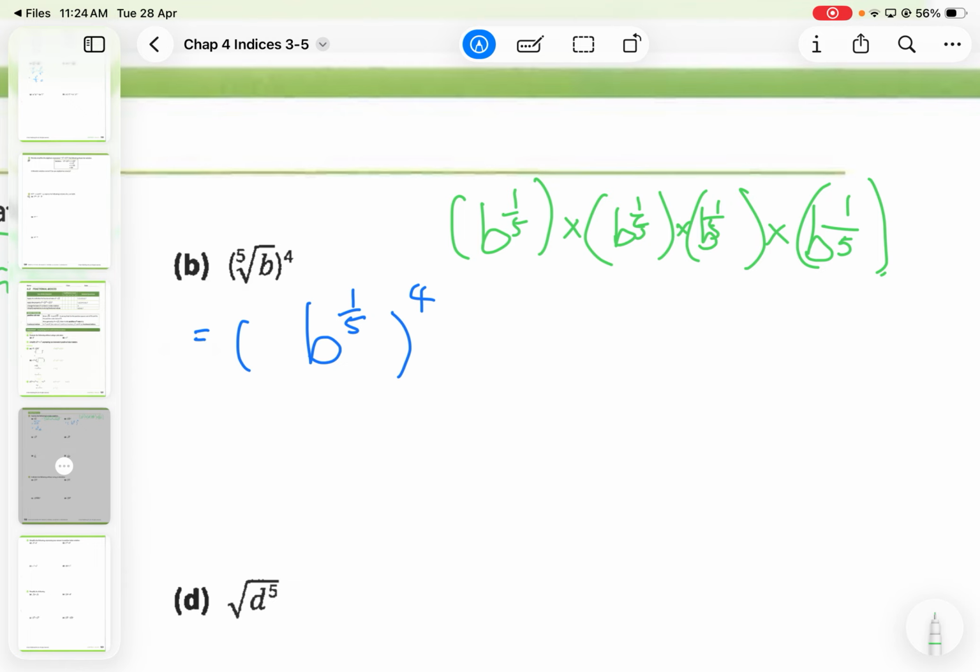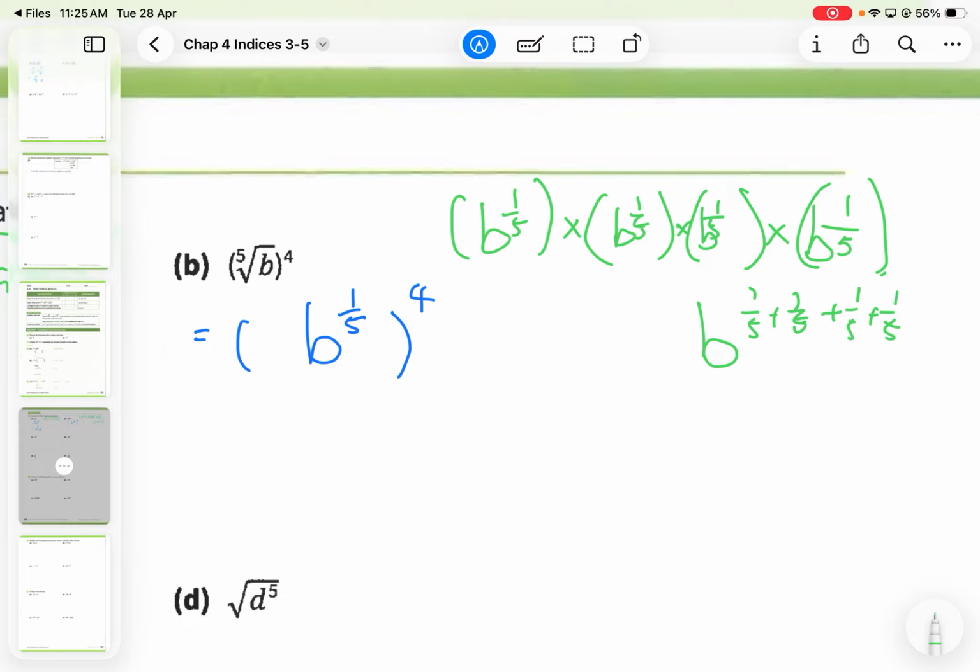Then when I multiply same base together, I am actually going to add up the power. Multiplying same base, I add up the power. So I'm going to have 4 times of 1 over 5.